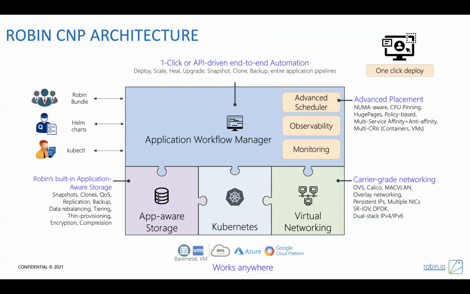These are the most commonly used, such as Calico, OVS, MACVLAN, SR-IOV, and DPDK support, overlay and underlay networking support, persistent and static IPs, and dual stack support. All those things are built in and integrated with the solution so that the operators just need to bring their applications, and we will make sure that all the requirements are met on the platform and they just deploy the application.